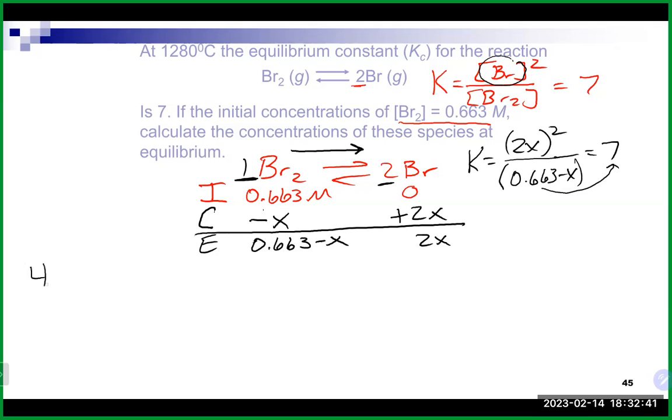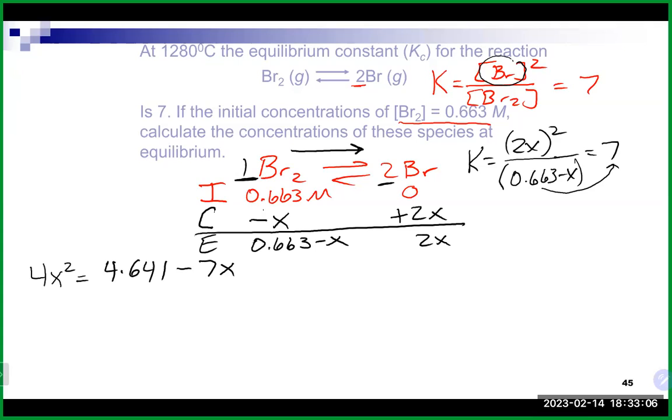So that's going to be 4x squared is equal to 0.663 times 7, which gives us 4.641, and that's going to be minus 7x. Usually when we do this, we want to get everybody to one side.